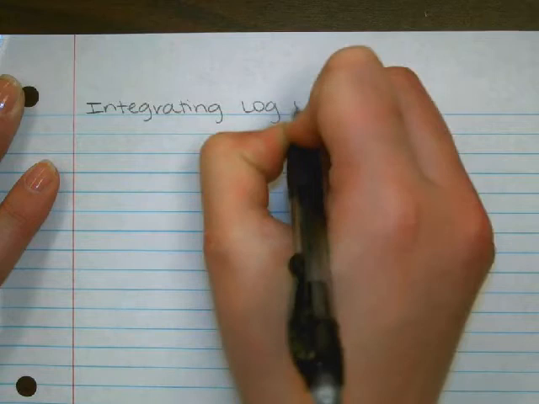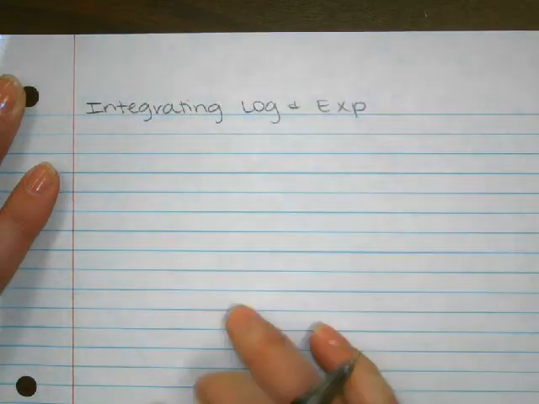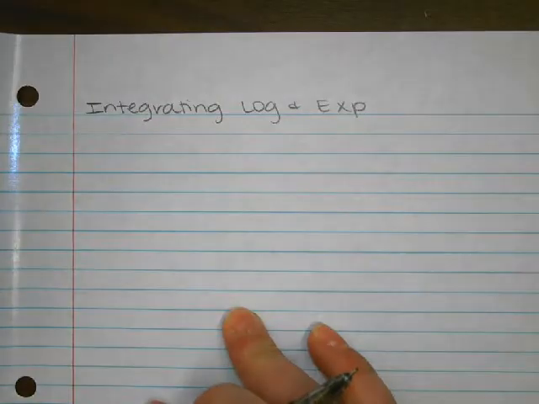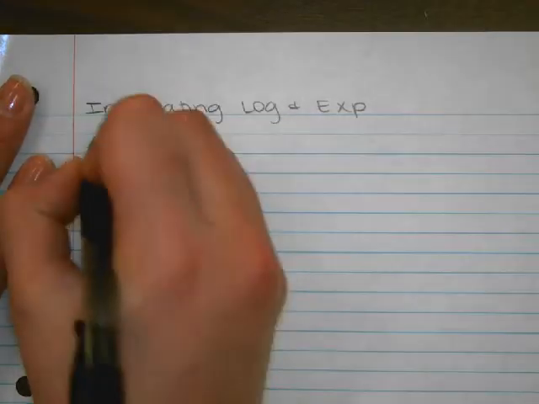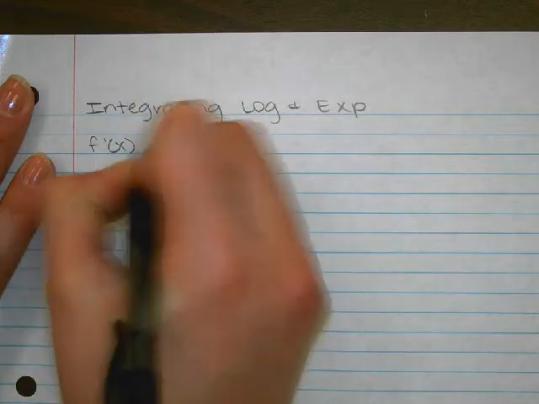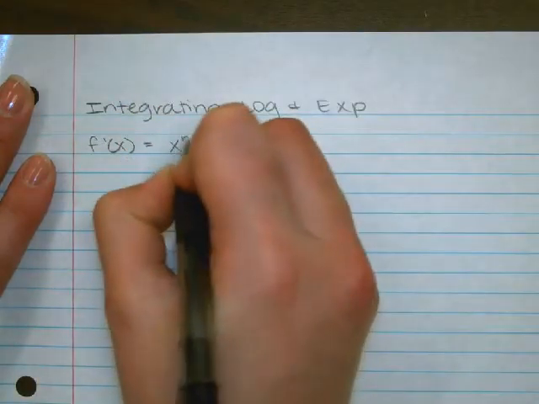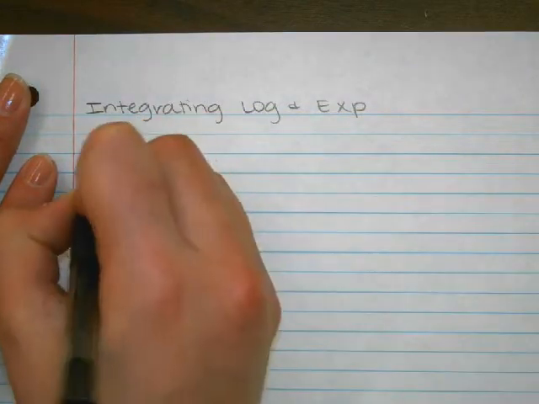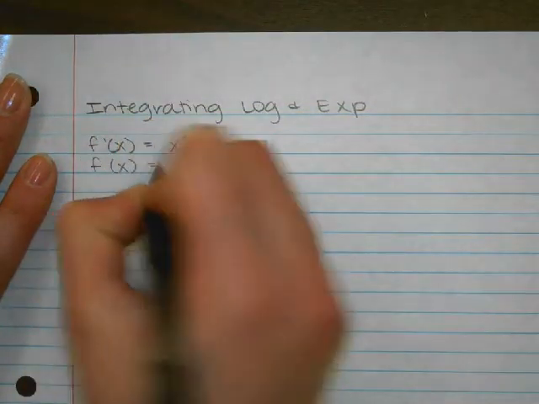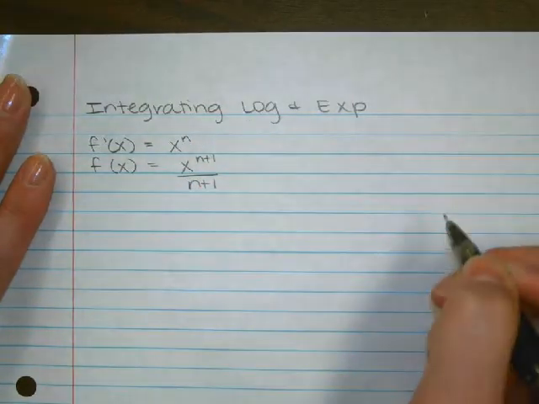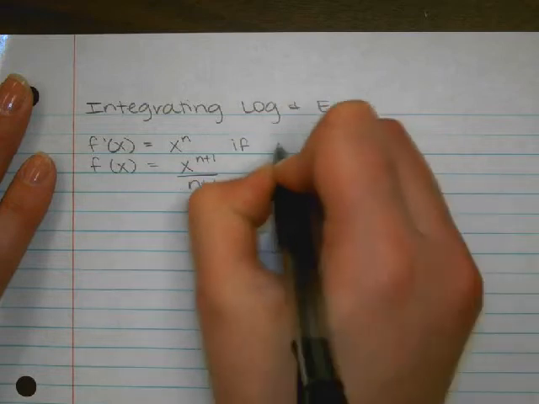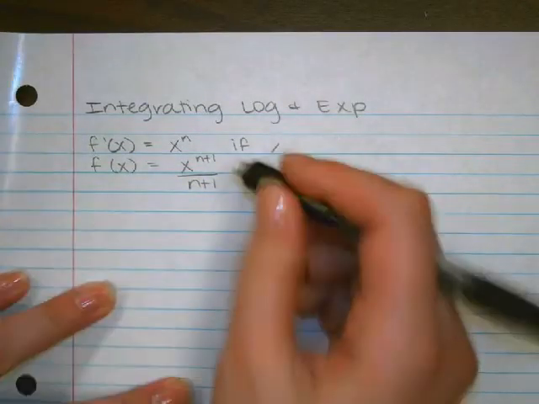log and exponential functions. And I want to address something that I referred to in our very first video about antiderivatives. In that video, I gave you guys a shortcut. I said if the derivative was x to the n, then the antiderivative, or the original function, was x to the n plus 1 divided by n plus 1, but this only worked if n did not equal -1.